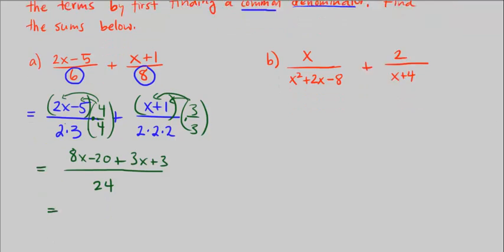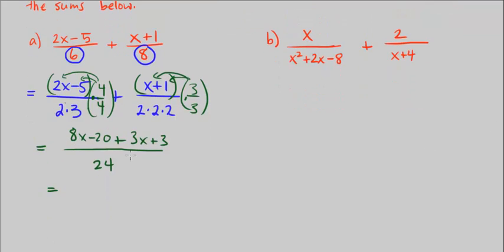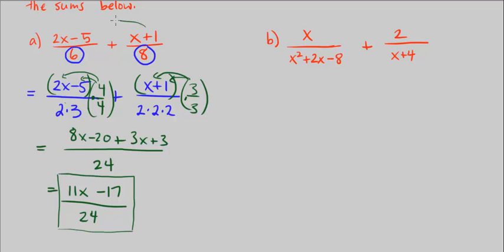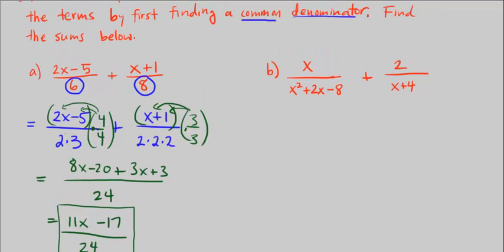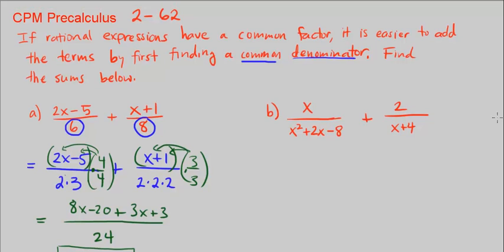Combine like terms, we have 8x plus 3x is 11x minus 17, negative 20 plus 3, all over 24. Okay? So that's how we went ahead and simplified this expression. Alright, you'll notice that it's simplified, right? Let's go on to part B.